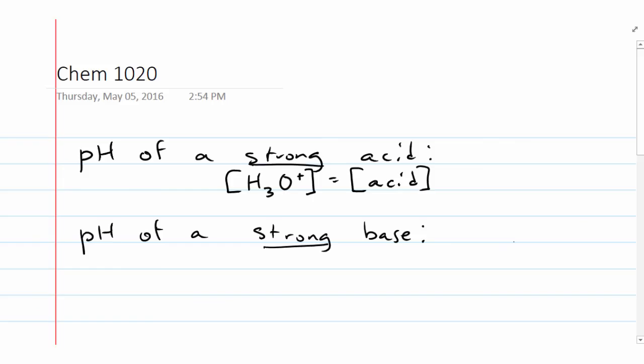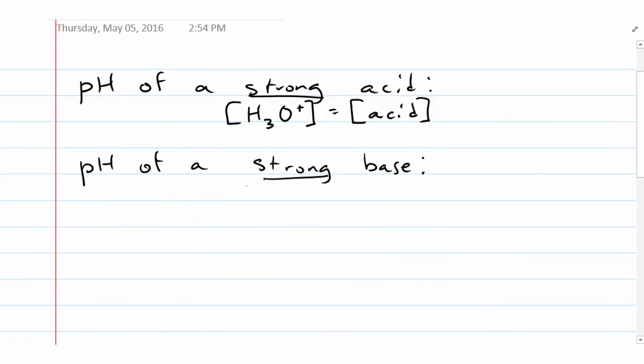In a strong base, it's a little more involved. In a strong base, the concentration of hydroxide ions is equal to the concentration of the base times the number of hydroxide ions in the formula.